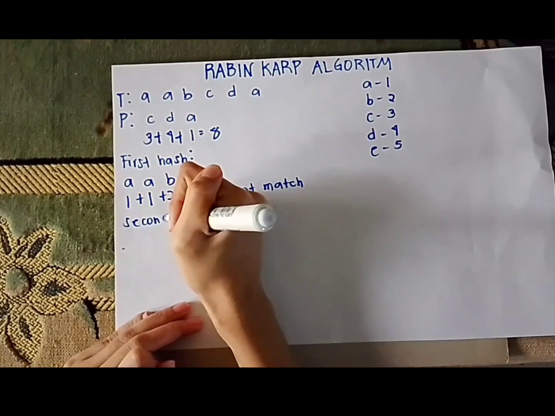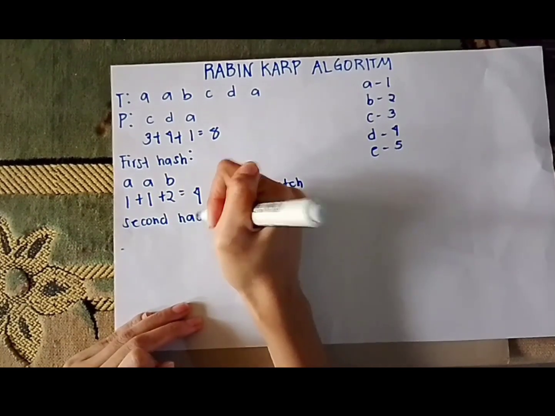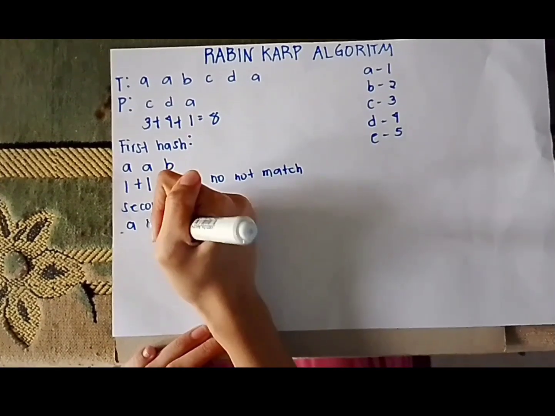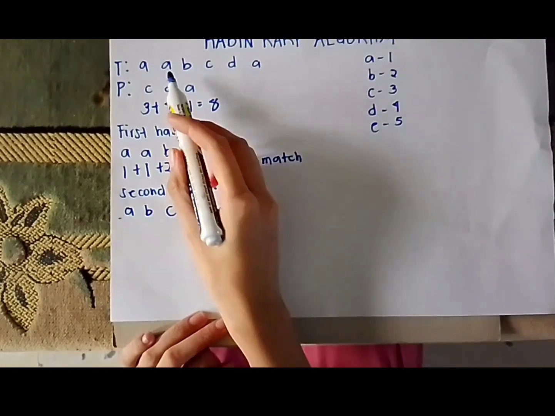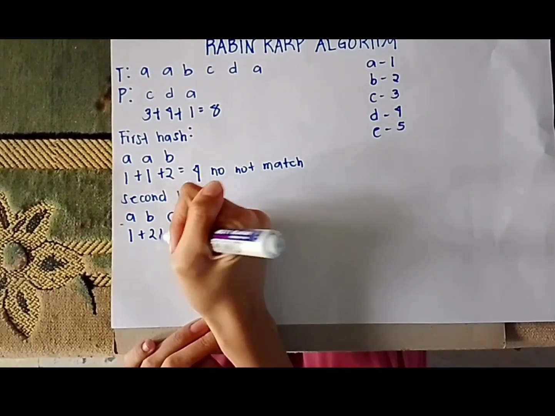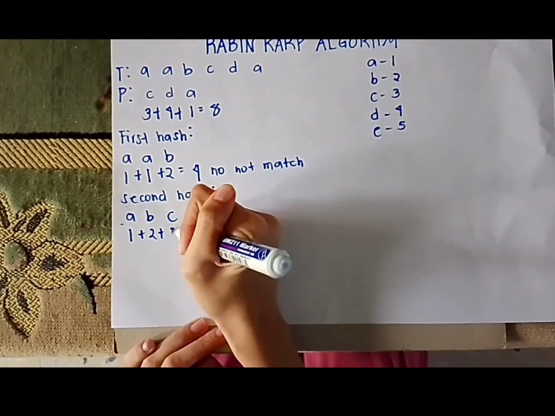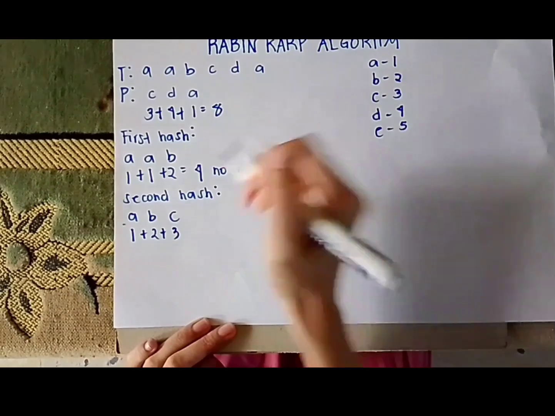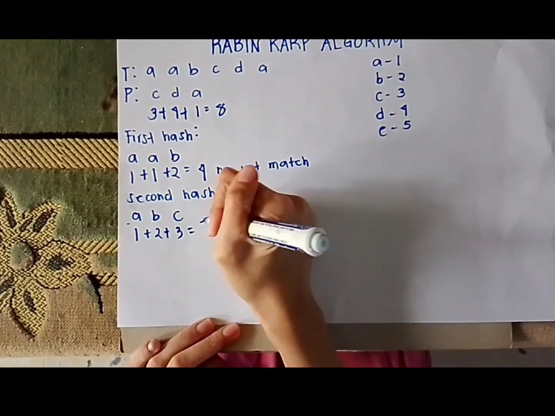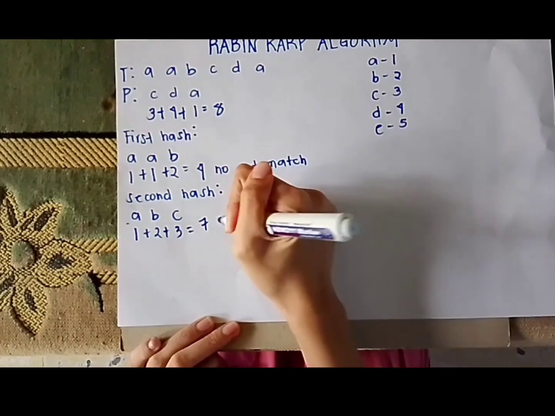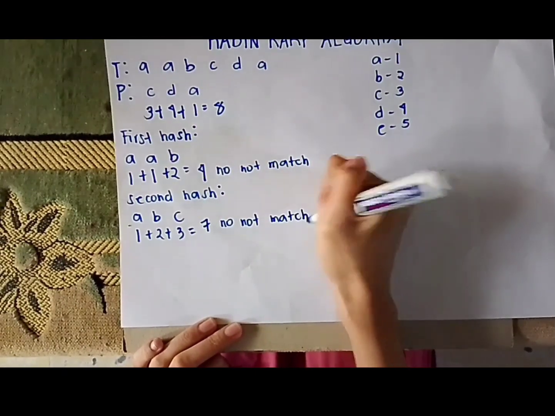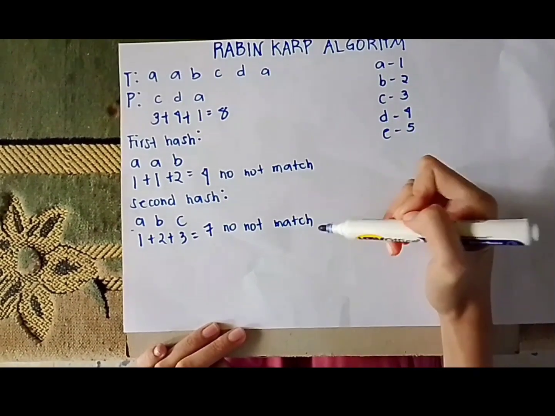Second hash: A, B, C. Let's put the numeric values, and the result is 7. Now let's compare, and again it does not match our pattern. So let's go to our third hash.